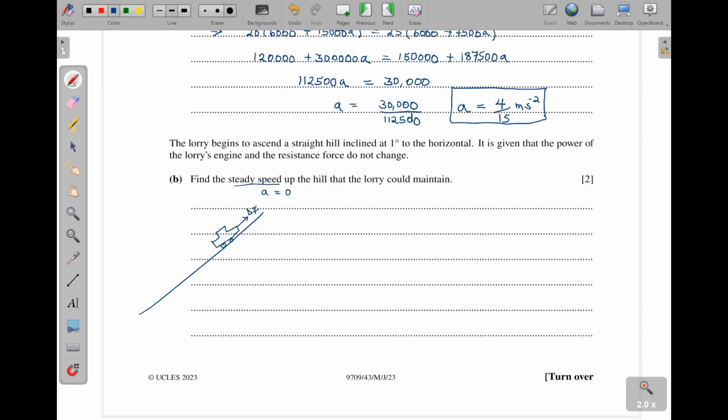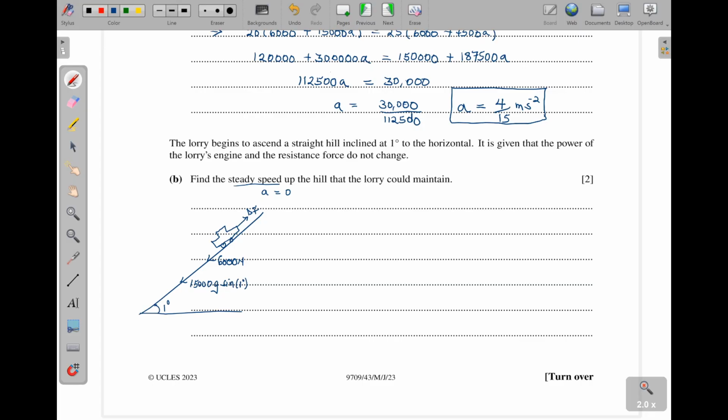Then we have this 6,000 newtons. It is unchanged. But again, this being on an inclined plane, there is this component of the weight, which is mg sine theta. So the m is 15,000. Then there is g, and then the sine of 1 degree.